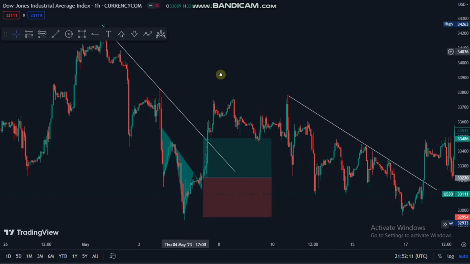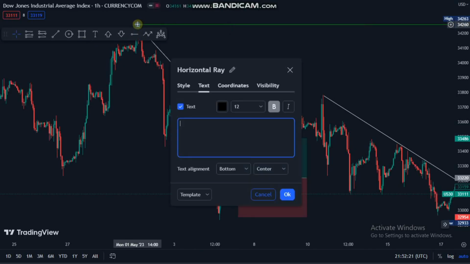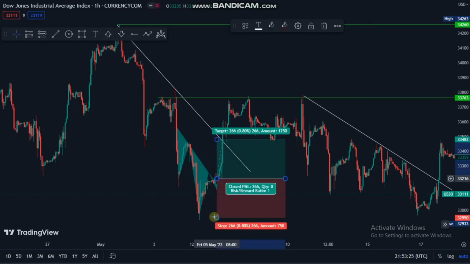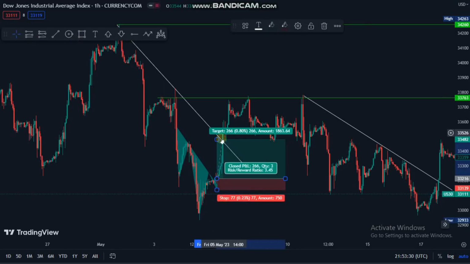And then my targets would be to come right here, right? My targets would be to come right here. But you can have first targets, first TP, second TP, third TP, whatever. And my first target would be to come right here, right? So I'd place my entries right here, then stop loss just below right there, and then my targets all the way up there.